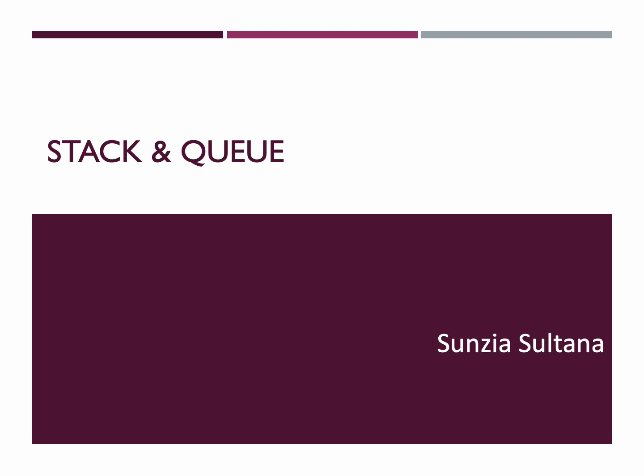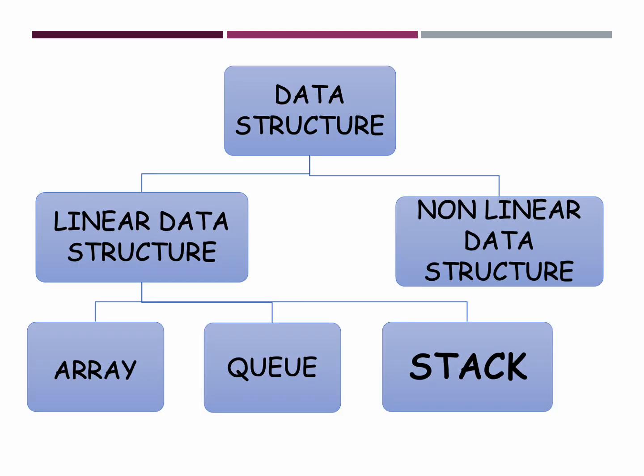Understanding these structures is crucial, especially if you are getting into programming, as they form the basis of many algorithms and help solve real-world computational problems efficiently. Now we already learned about two types of data structures, linear and non-linear.